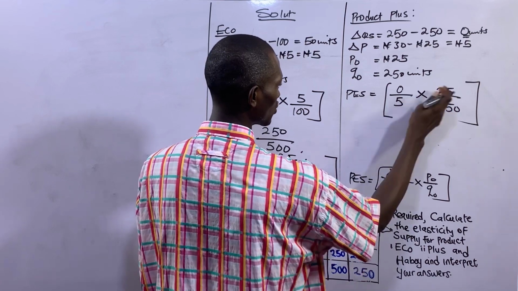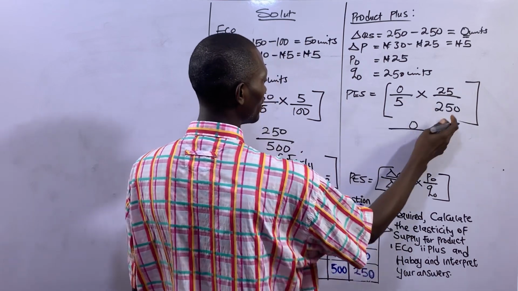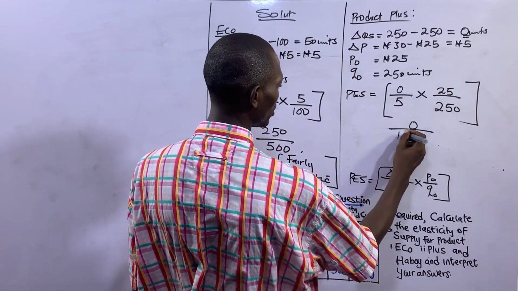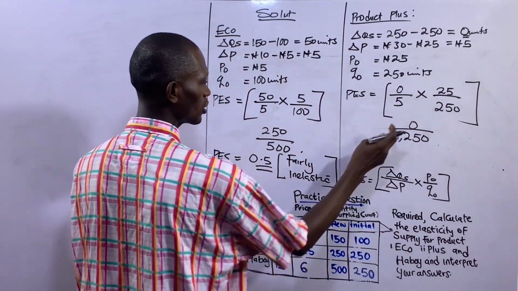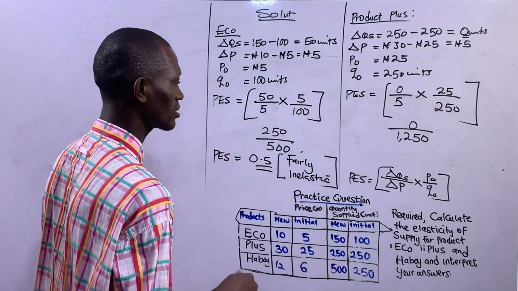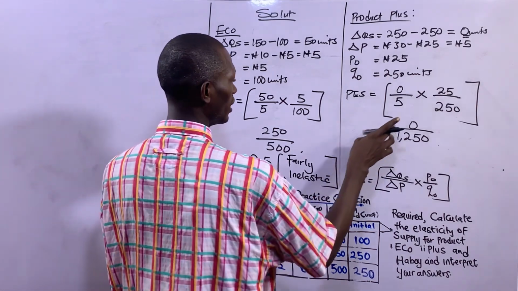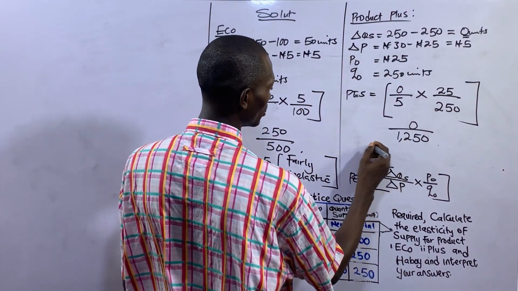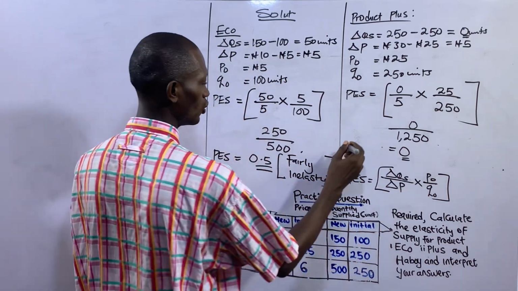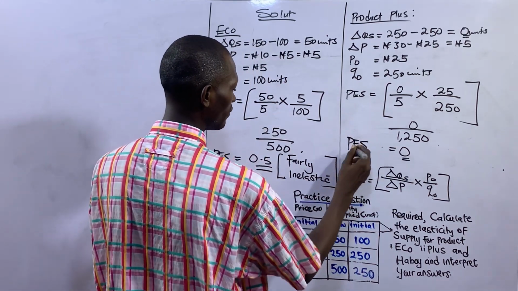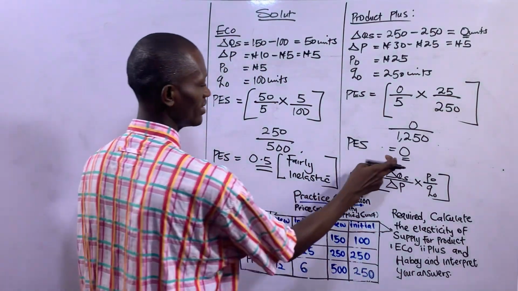So 0 times 25, that's 0. 5 times 250, that should give us 1,250. Then 0 divided by any number, like we've talked about earlier on, is going to give you 0. So price elasticity of supply now for products plus is 0.